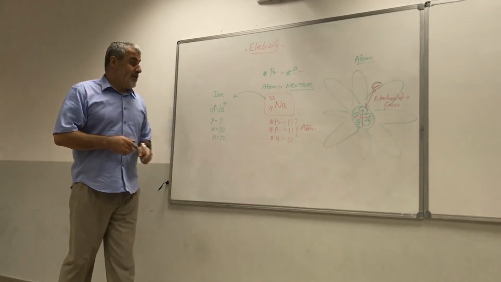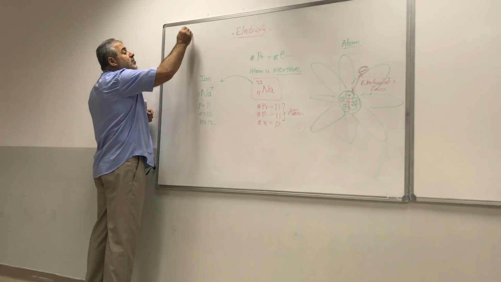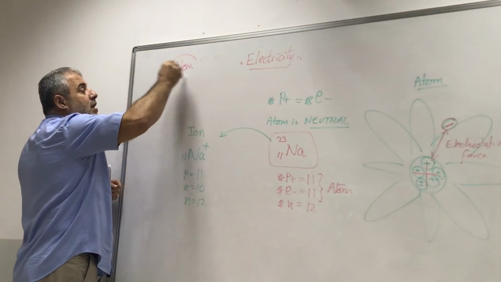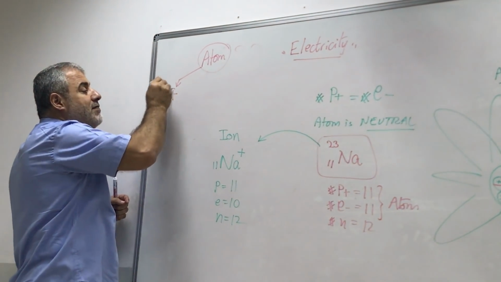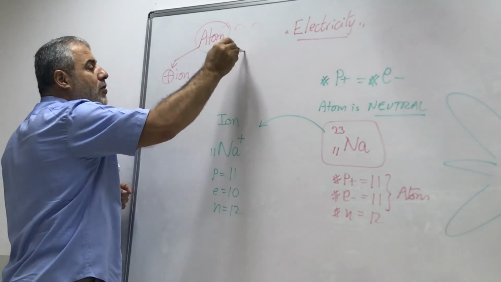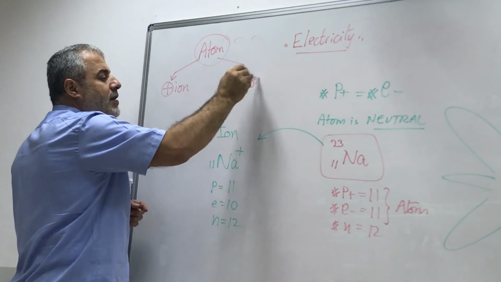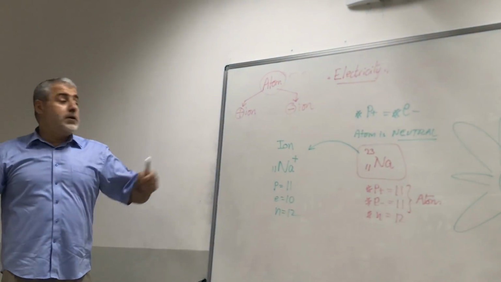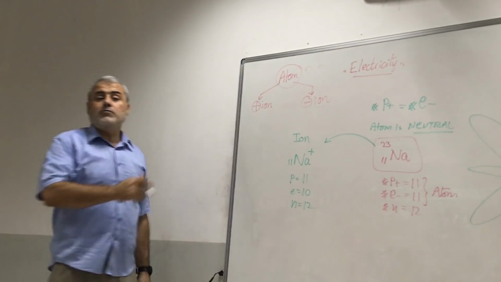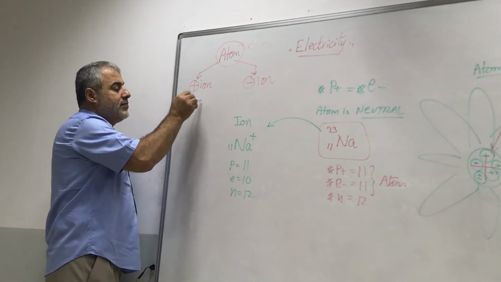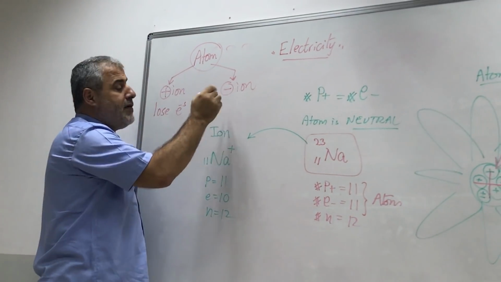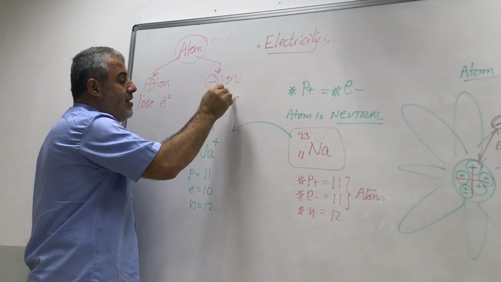So I need to tell you something. An atom can turn into a positive ion or a negative ion. It will turn into a positive ion when it loses electrons, and into a negative ion when it gains electrons.